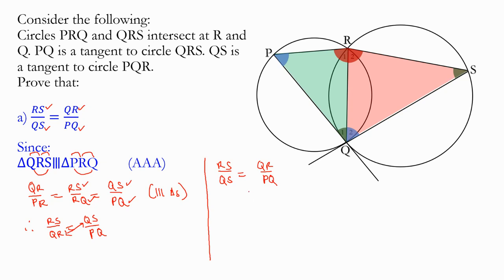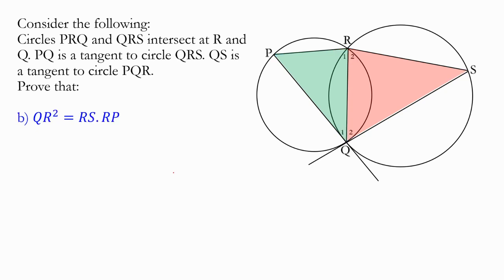Now we move on to B. We are required to prove that QR squared is equal to RS times RP. We managed to prove that triangle QRS is similar to triangle PRQ. If you check here, QR squared is just the same as QR times QR, isn't it? Let me just write that here.